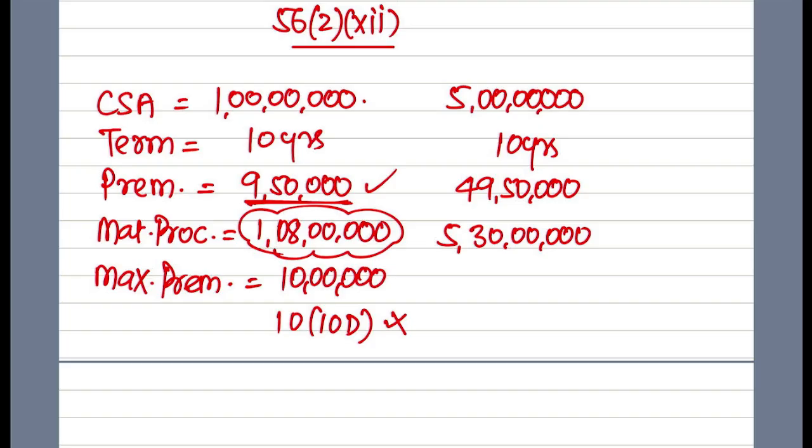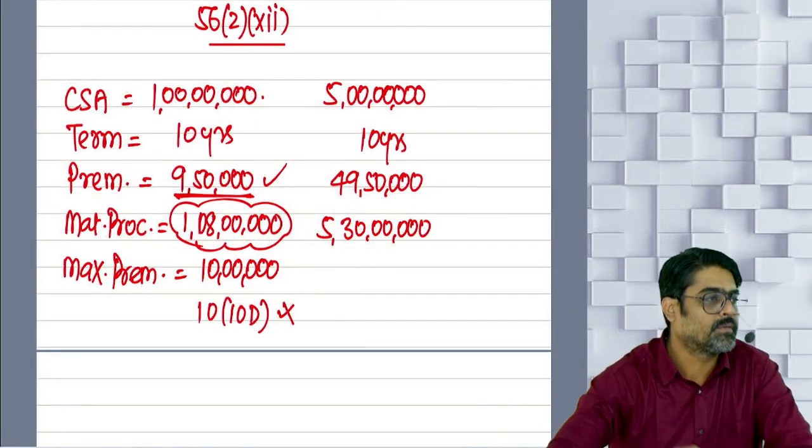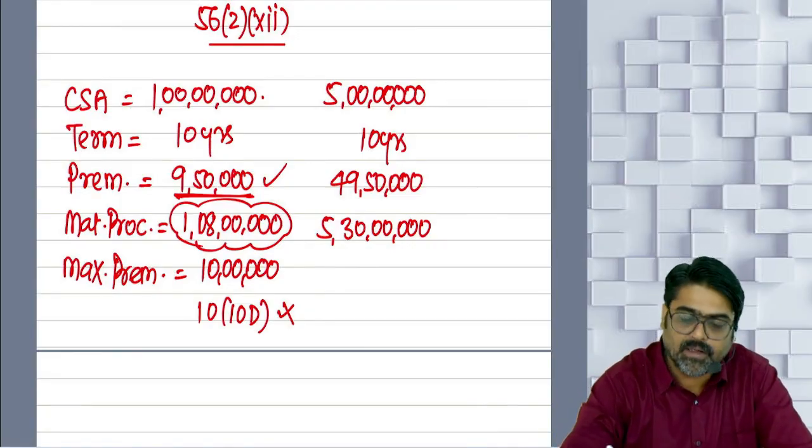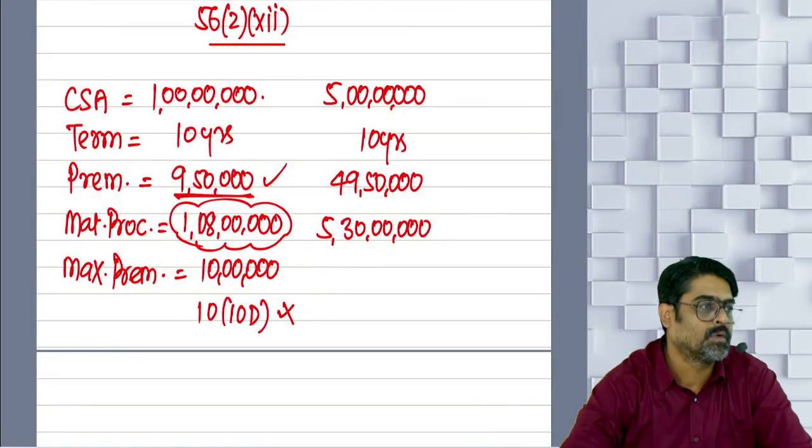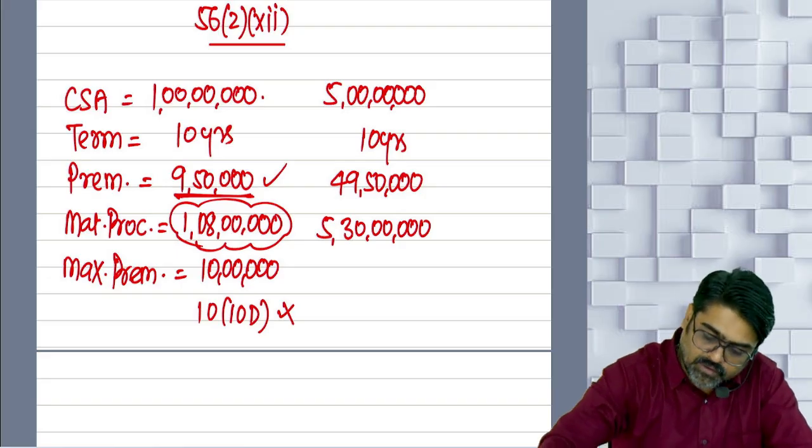Now tell me, second policy, can you see? How much is the capital sum assured? 5 crores. Okay, on the first policy, did you understand?